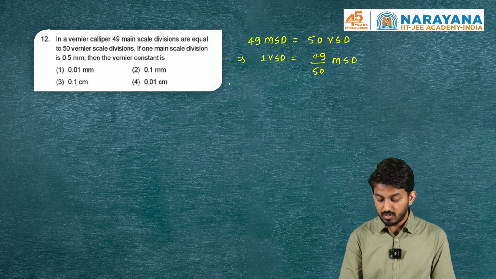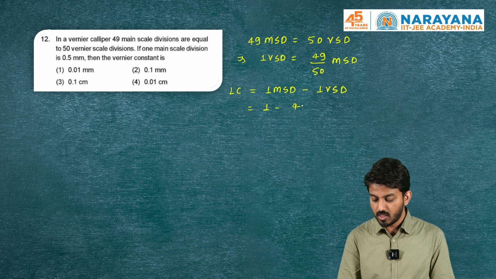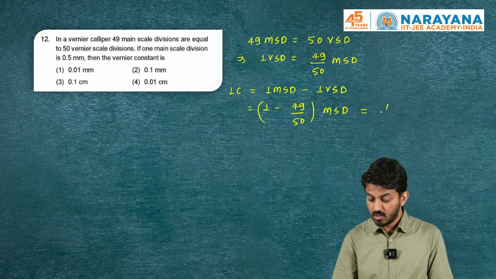Now, least count, or the Vernier constant, you can say, will be equal to 1 MSD minus 1 VSD in this case, giving us 1 minus 49 over 50 MSD, which is equal to 1 over 50 MSD, and 1 MSD is, they have said, 0.5 mm.